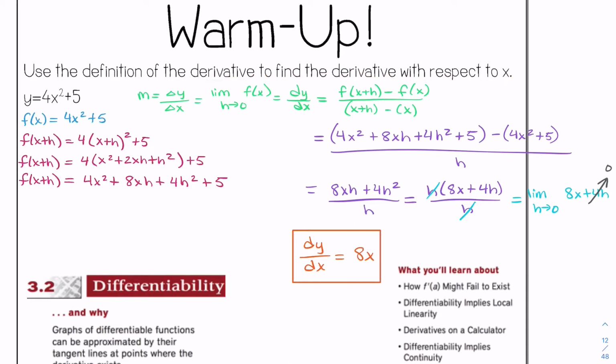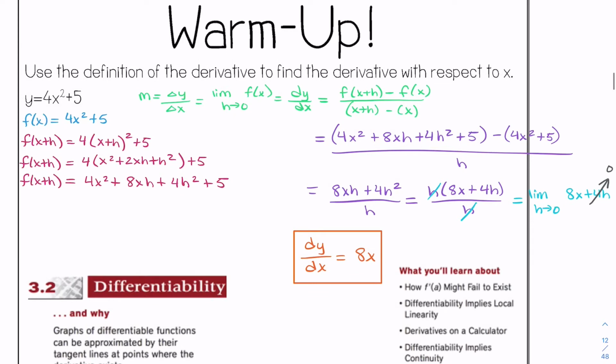So what I do know is that the definition of a derivative is equivalent to the derivative, which is equivalent to the limit of a function with respect to h as h approaches 0. This is all connected.